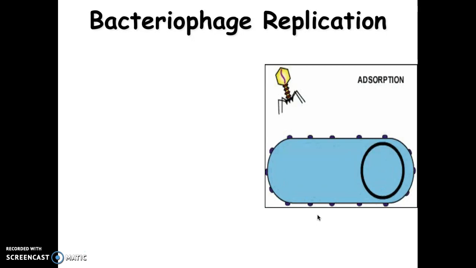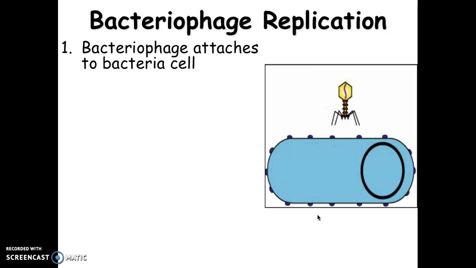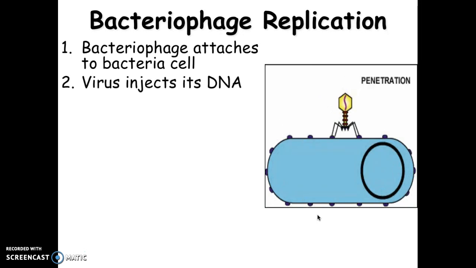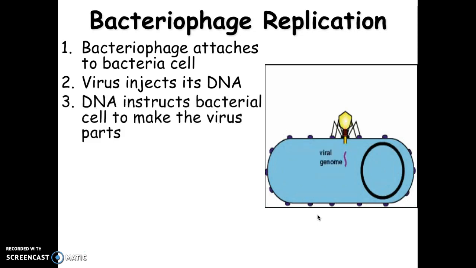Bacteriophages also have a particular way of replicating where the phage will attach itself to a bacterial cell. It will inject its DNA. Then the DNA takes over the cell and tells the cell to make the parts of the viruses.